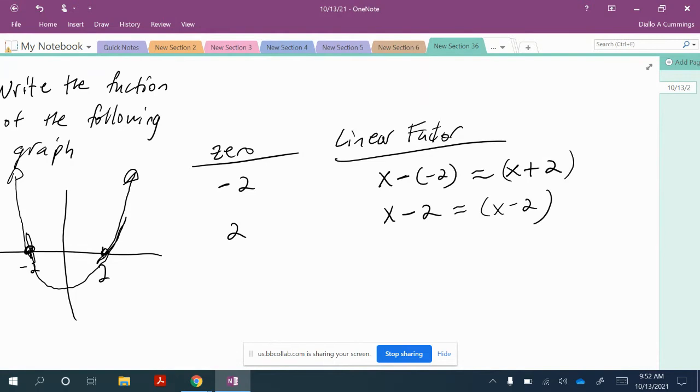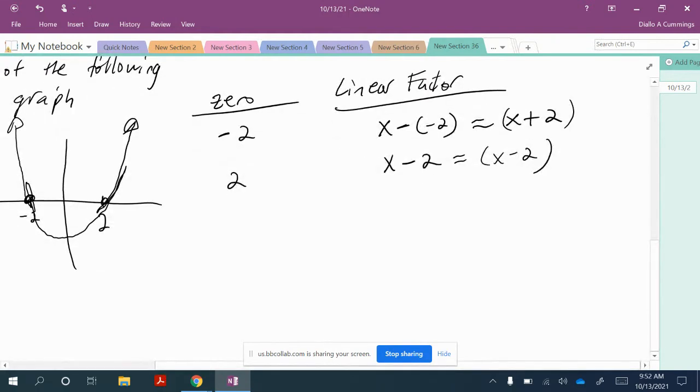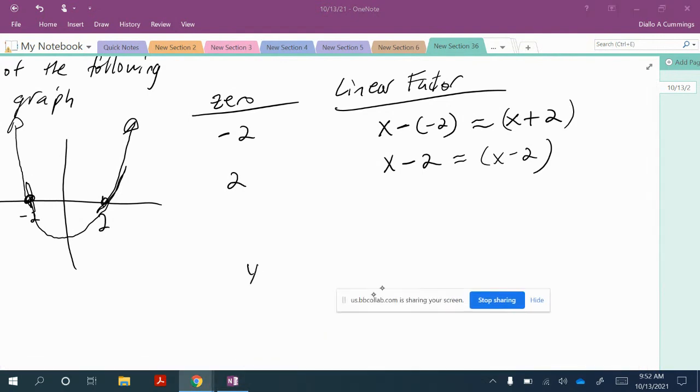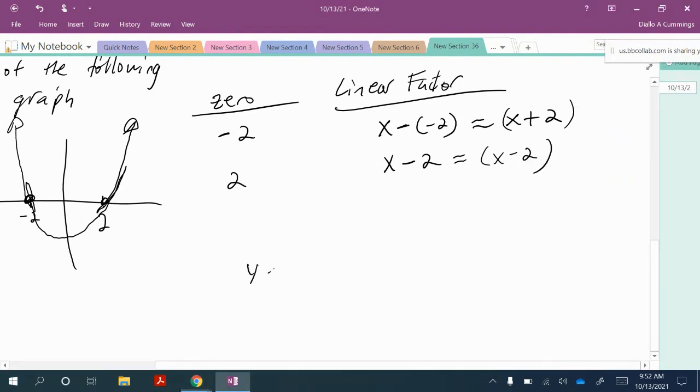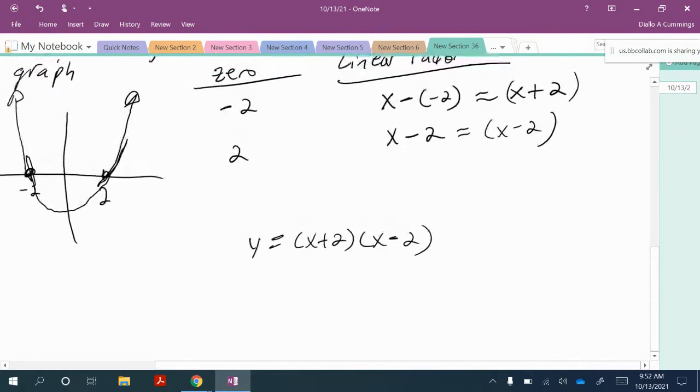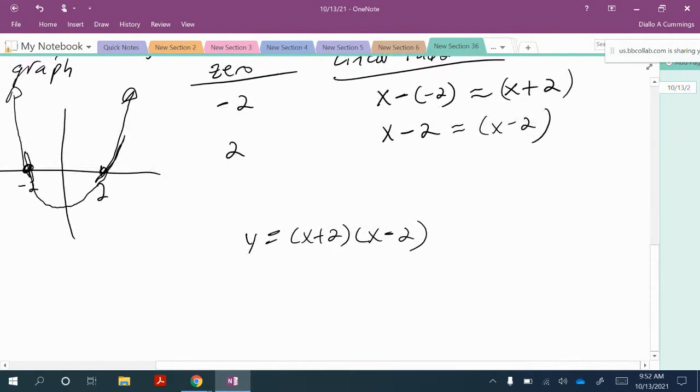Now, how do we form the equation? Well, to form the equation, we're simply going to take those linear factors and we're going to multiply them. Right, we're going to use the FOIL method.